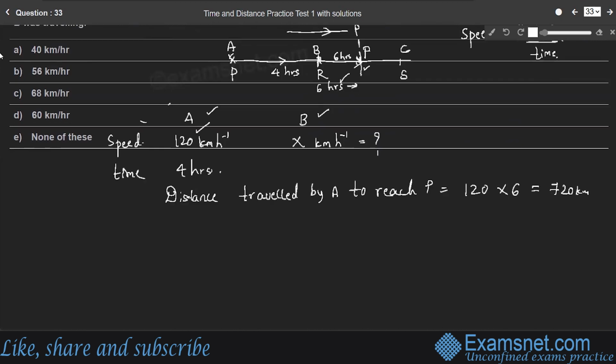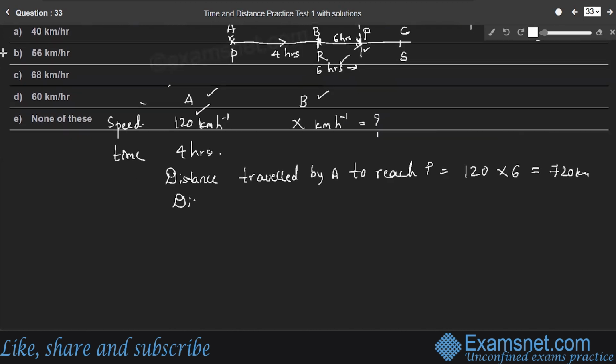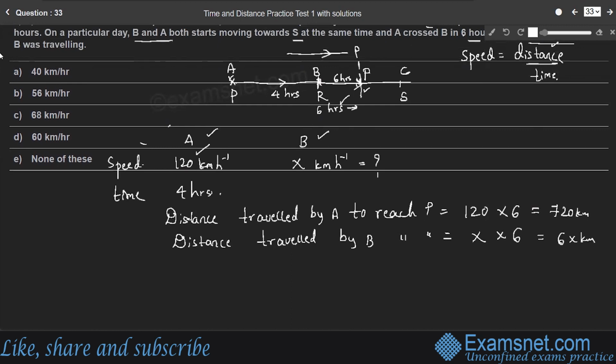Whereas the distance traveled by B to reach P: B is moving with the speed of x kilometer per hour, and B also takes 6 hours of time. Therefore, it is 6x kilometer. 6x kilometer is the distance traveled by B. So this whole distance AP minus BP, the distance traveled by A to P minus BP, gives the AB distance.